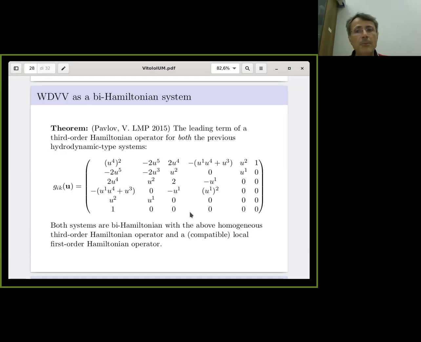It was extremely painful to find this operator until we realized that everything would be easier if one would apply the characterization by Joseph Krasil'shchik, Khalil Verbovetsky, and Paul Kersten. And when we had those equations at hand, it was just a matter of seconds. And then we found this operator. A first order local operator was already known, and then it was natural to check compatibility, and they're compatible.